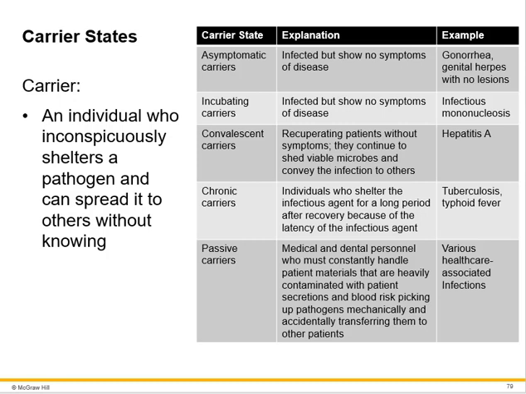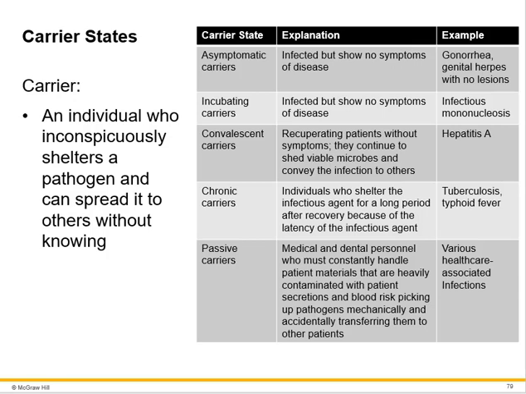Incubating carriers may be too early, but they still are infectious, like infectious mononucleosis. So they may not know that they have the disease. And in the case of infectious mononucleosis, it has a really long incubation period. So you could be incubating for a month and infect a bunch of people and not know it.